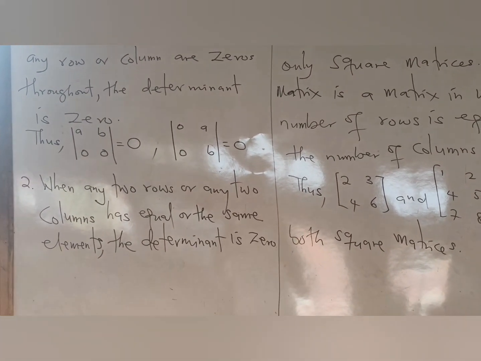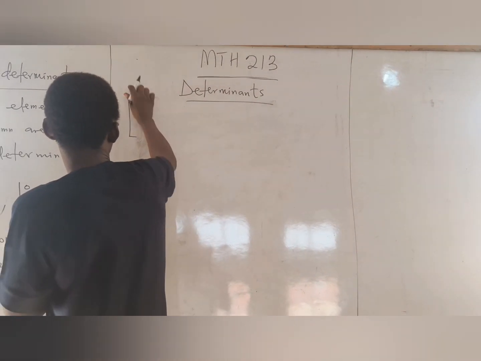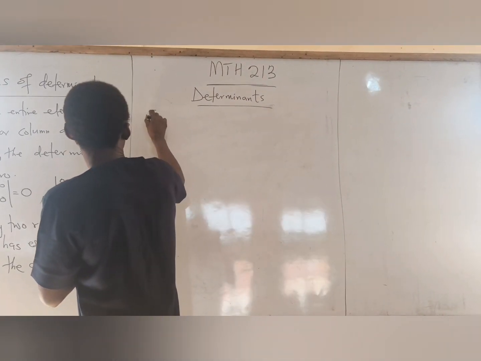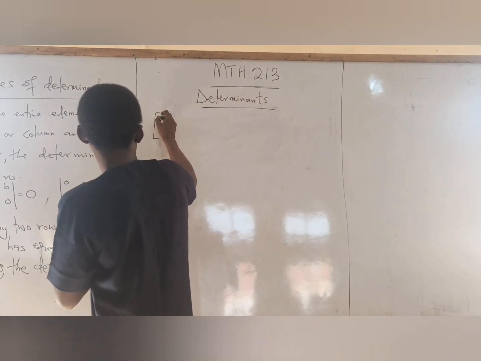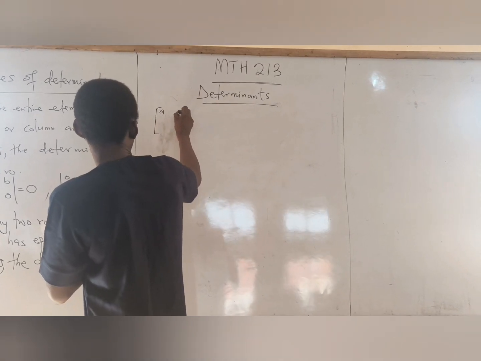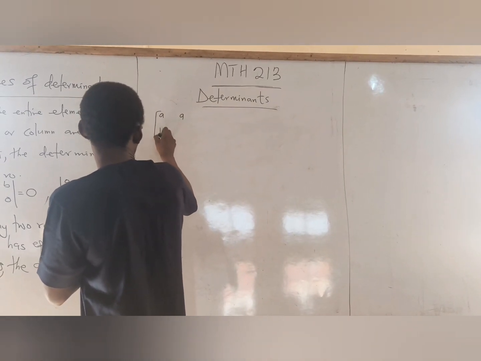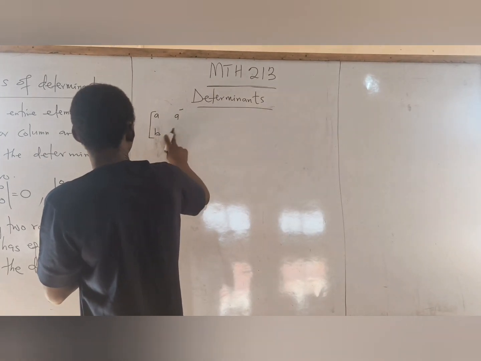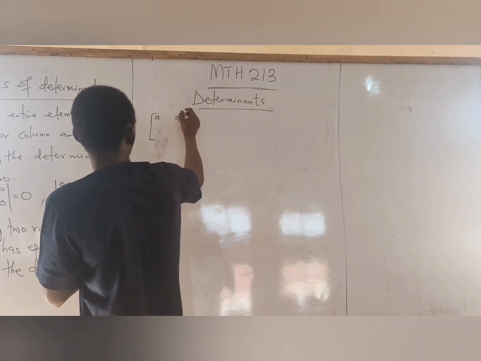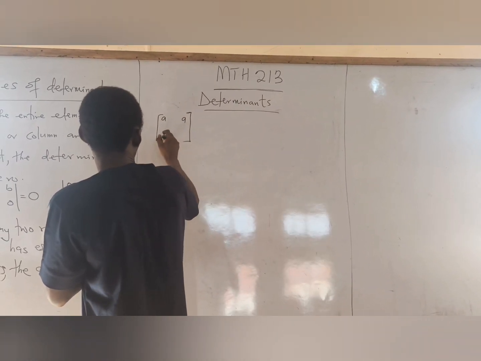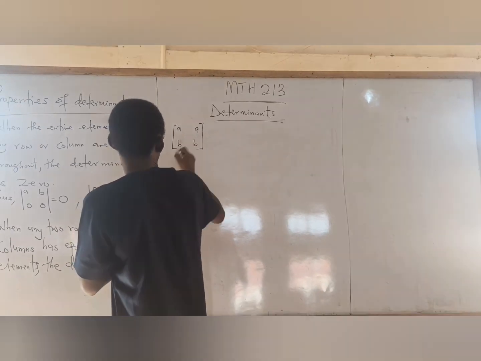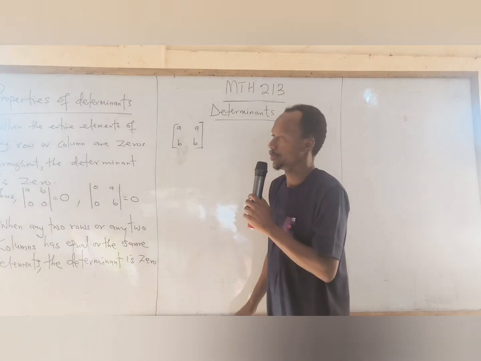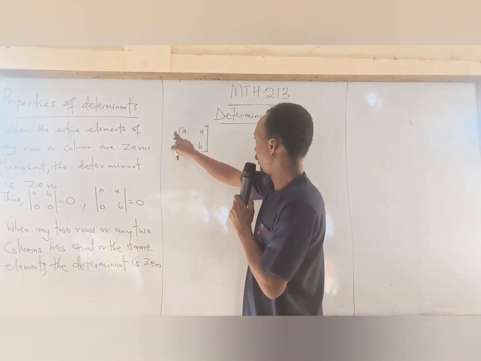Maybe A A, B C. What do we say? Any two. Can you see? So this row, they are the same.